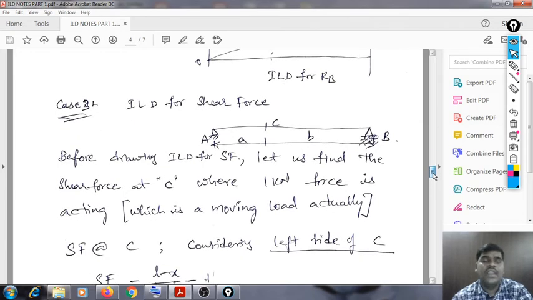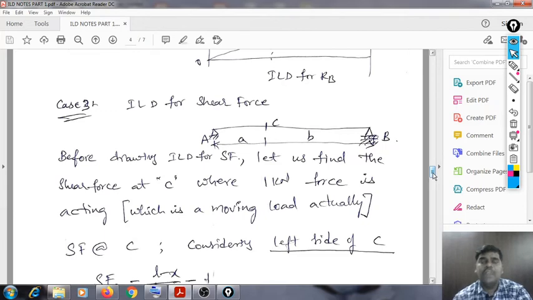So, influence line diagram for shear force. In the same manner as we found the reactions RA and RB, we have to find the shear force at that section C. For shear force, we have to find it from the left and also from the right.